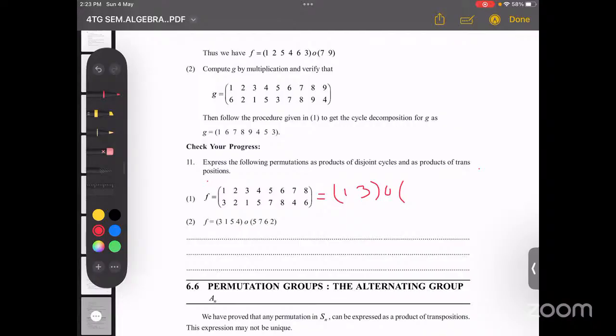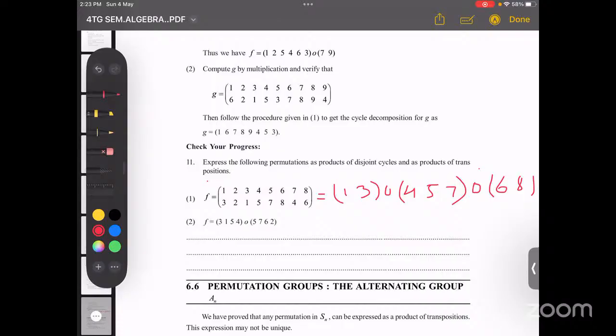Next 3 is completed, 4 is there, 4 is mapping to 5 is mapping to 7 is mapping to again 4. So you close here. So next circle, 6 is there, 6 is mapping to 8 and 8 is mapping to 6. So here also we have to close that. Why? Because the mapping is stopping here.